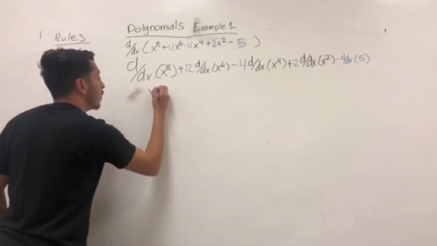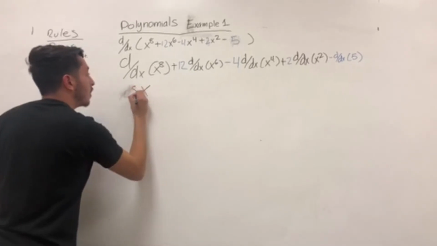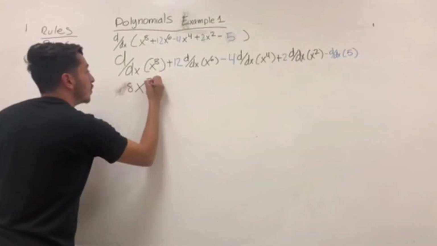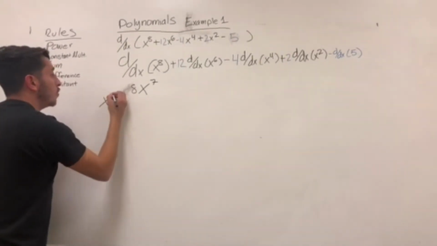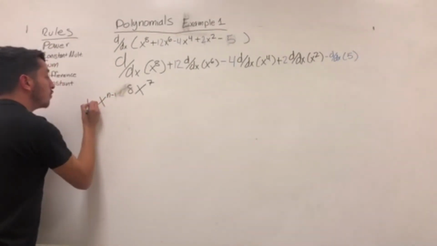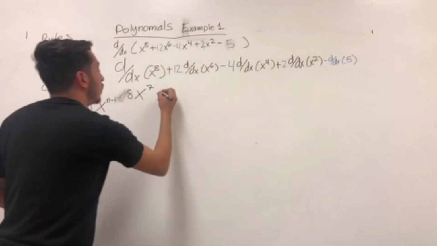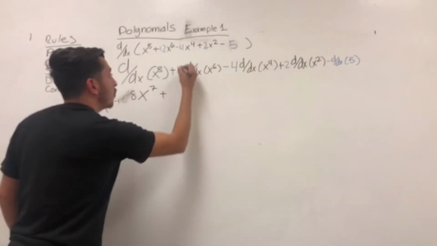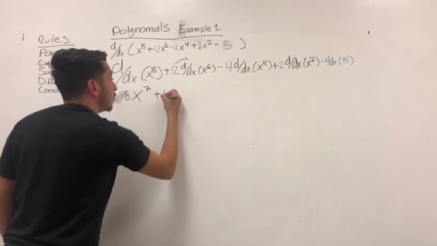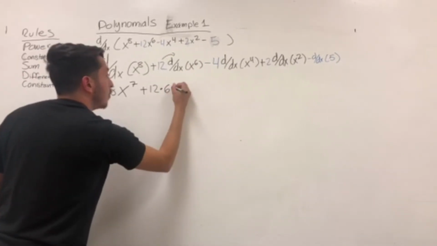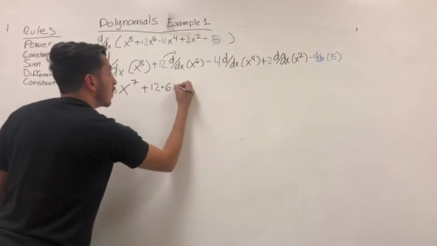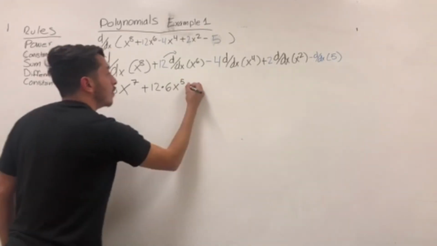This could be x to the 8th. This could be 7 thanks to our power rule. Remember, our power rule is n minus 1, and we move n to the side. So as we keep going, 12, which is multiplied back in, this is going to be 12 times, brought down to 6, x to the 5th.